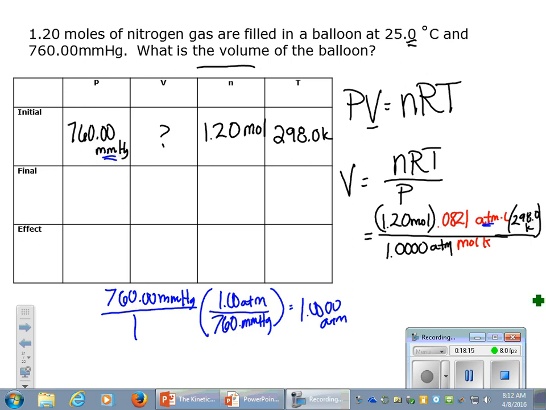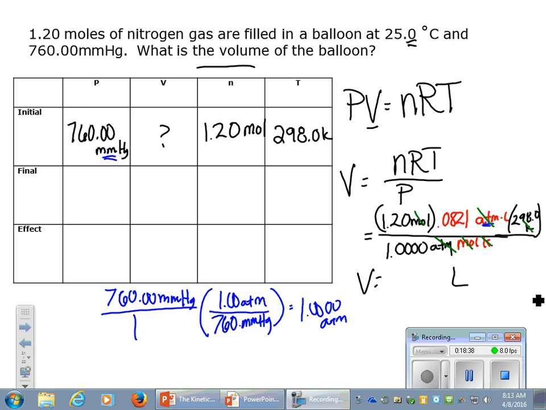You can see which units cancel. There's a mole on top and a mole on the bottom, a Kelvin on top and a Kelvin on the bottom, an atmosphere on top and an atmosphere on the bottom. So now we know that our volume is expressed in liters, because that's the only unit that's left. And hey, that even tells us that we did our algebra correct.